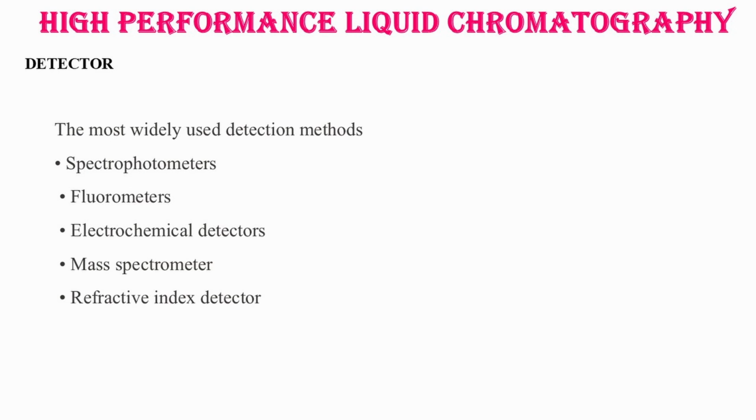These detectors are inexpensive and sensitive, but they are insensitive to normal flow and temperature fluctuations and well suited for gradient elution. So, lipids, carbohydrates, fatty acids, hydrocarbons, etc. are undetectable by these detectors. UV visible spectrophotometers with wavelength selection range of 200 to 800 nanometer are very popular for HPLC detectors.